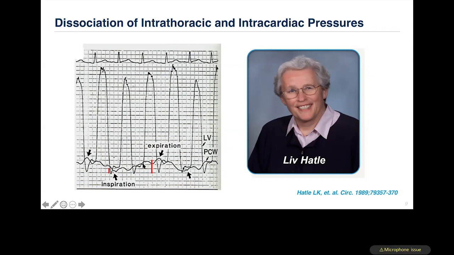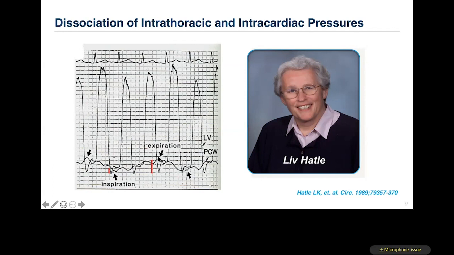And secondly, during expiration, you see this exaggerated uptake of the pressure. The pressure rises in the pulmonary capillary wedge, but the change in the intra-LV pressure is minuscule in comparison to the large change in the pulmonary capillary wedge pressure.